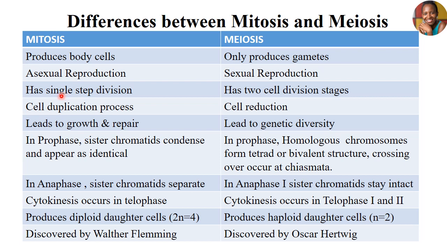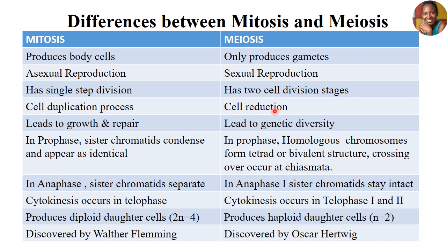Mitosis is a single-step cell division, while meiosis is a two-stage cell division, meaning meiosis goes through meiosis 1 and meiosis 2. Mitosis is referred to as a cell duplication process, which means it increases the number, while meiosis is treated as a cell reduction process, whereby we reduce the number of daughter cells. With reduction, we are referring to the chromosome numbers.